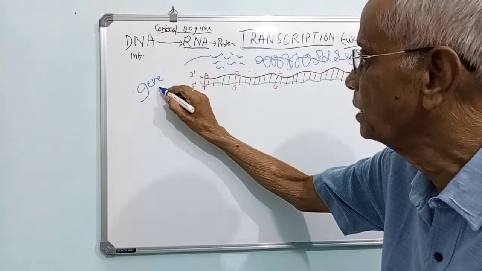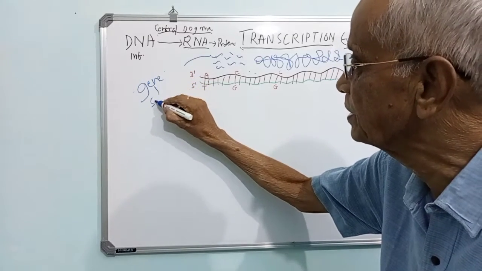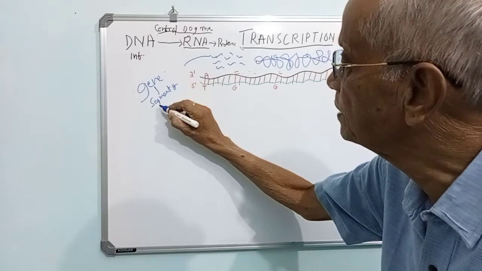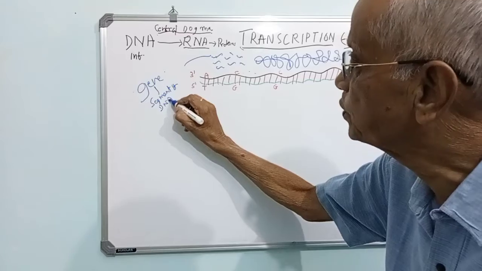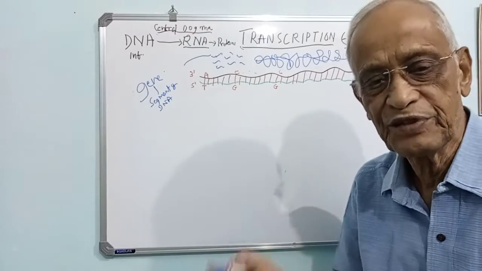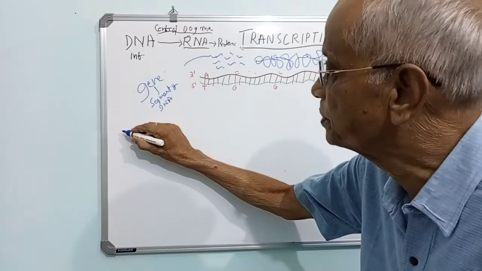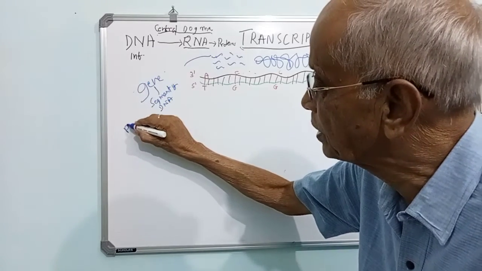A gene is a segment of DNA that will carry information to produce one polypeptide chain or a protein.